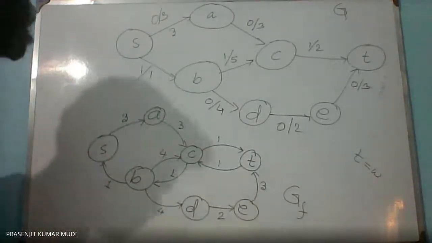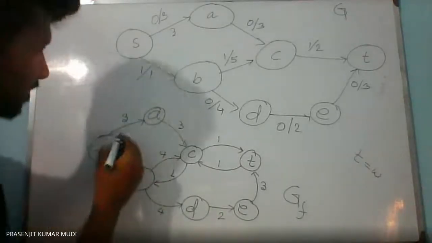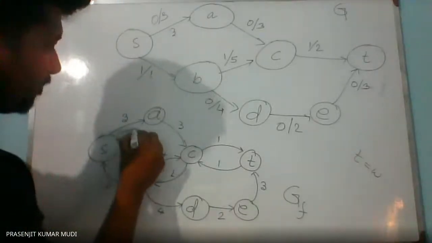In this residual network, we can see that this is a path.